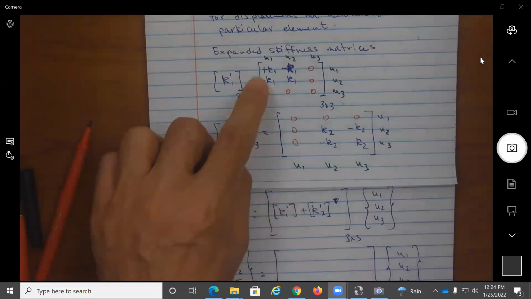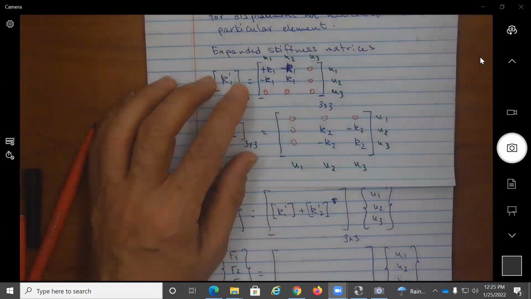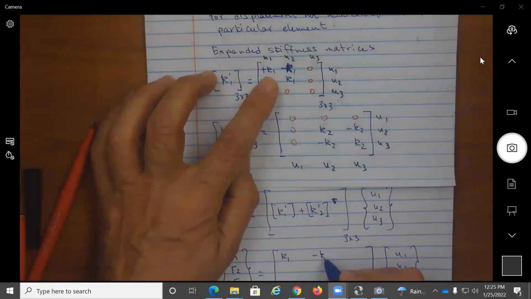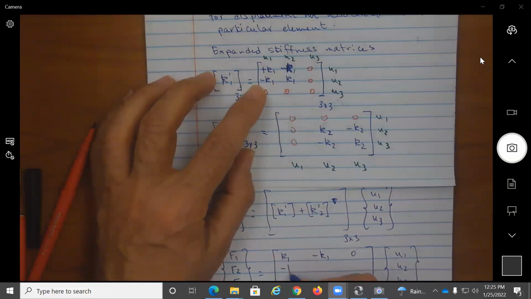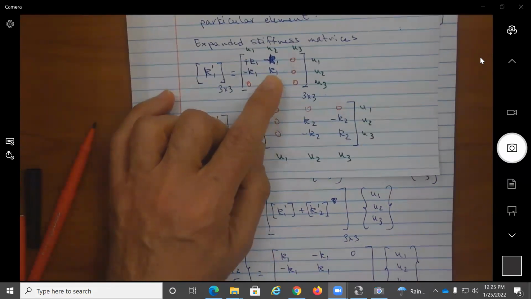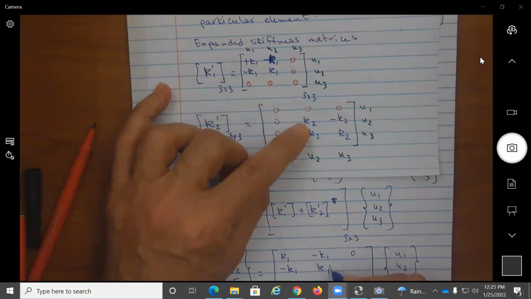And if I add these two matrices together, by adding the corresponding elements, I will get a K1, a minus K1, and a 0. I will get a minus K1, K1, and if we look here carefully, I have a K1, and I have here a K2. So I will get a K1 plus K2.